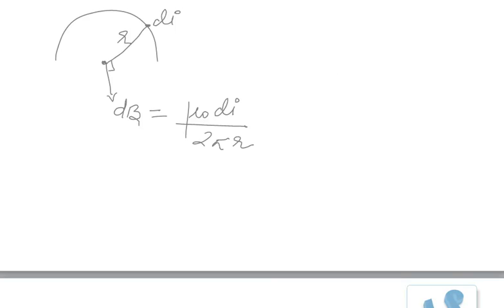If I take the two extreme cases of a current element at this end and at this end, the magnetic field because of this end will be in this direction, and because of the other it will be in this direction. Let us say this element is making angle phi or theta, then there is one more element corresponding to this element which is also at an angle theta having current di flowing through it, and their magnetic field would cancel out in the vertical direction.